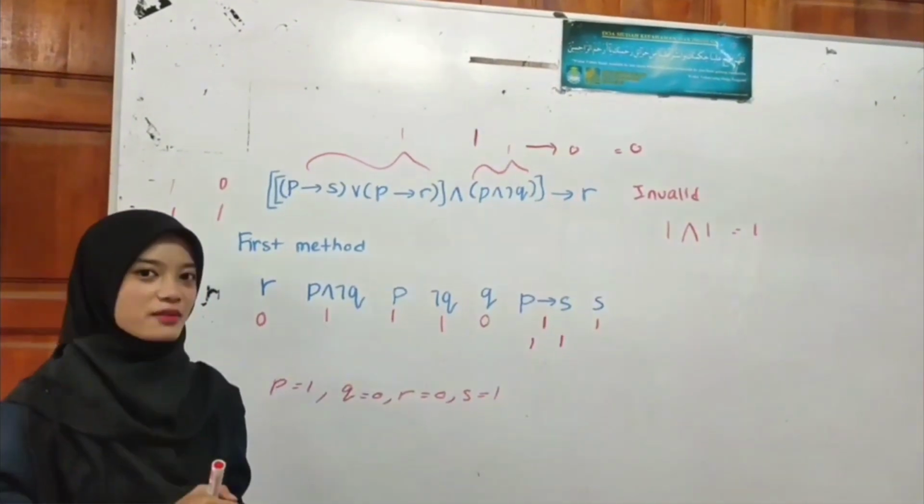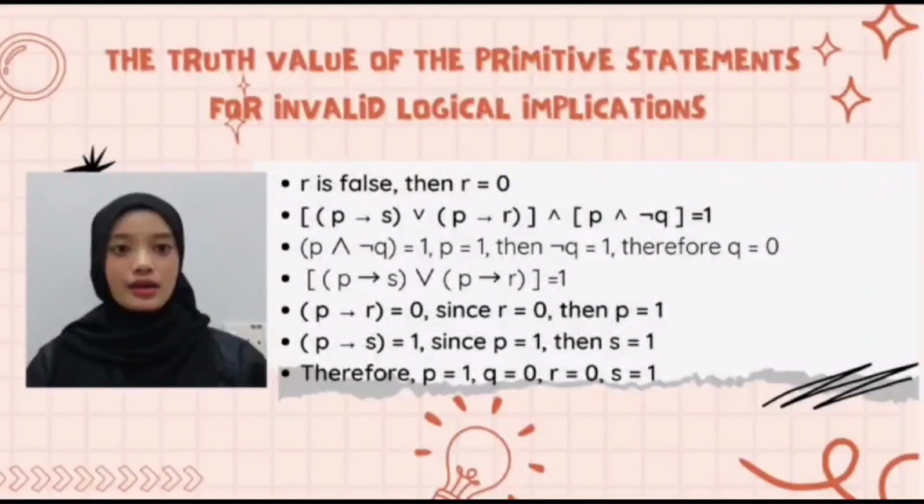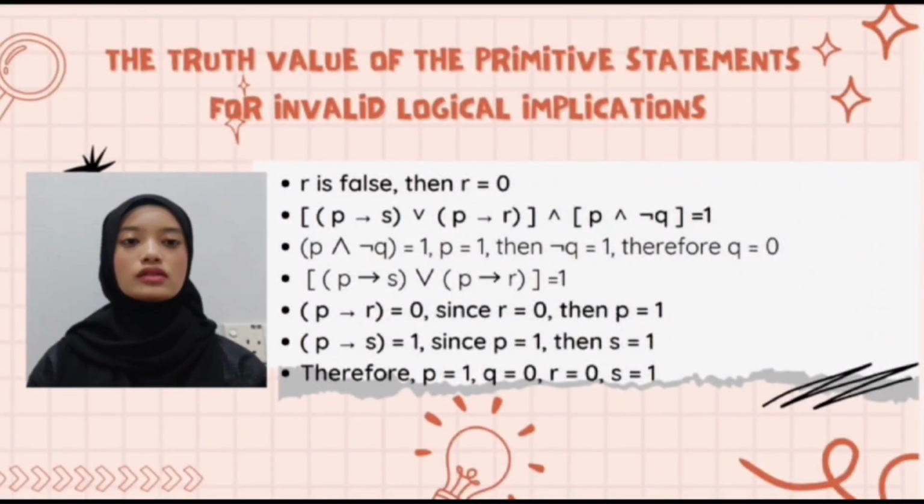Now let's move to the second method. Now I will explain the second method. The second method is the easiest one because we do not have to draw any tables. Since we know that the statement is invalid, therefore R equals 0. And then P implies S or P implies R, and P and not Q are equal to 1.